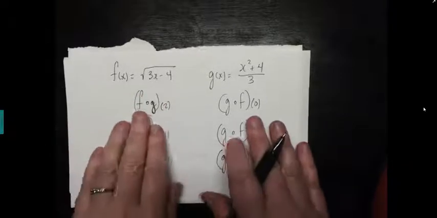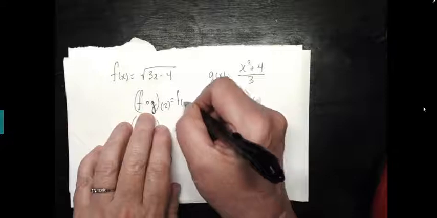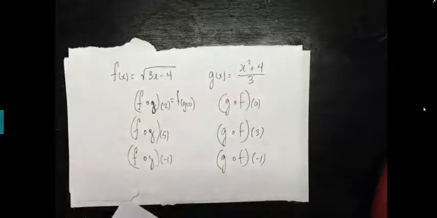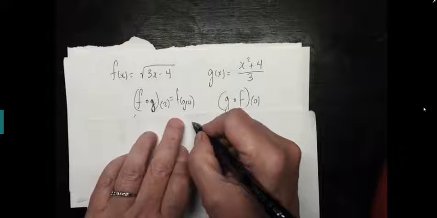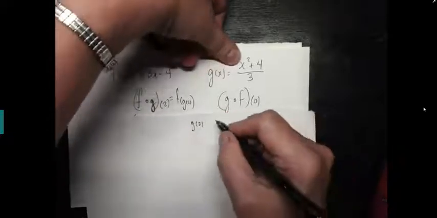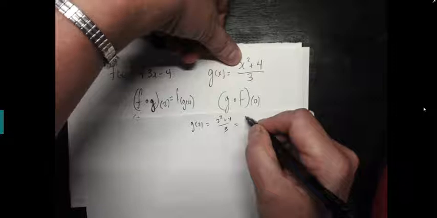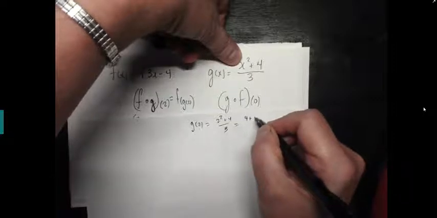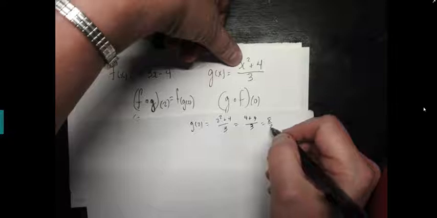Anyway, let's have a look at this. It's going to be that. Okay. And what is g evaluated at 2? Well, it's going to be 2 squared plus 4 over 3, which is 4 plus 4 over 3, which is 8/3.